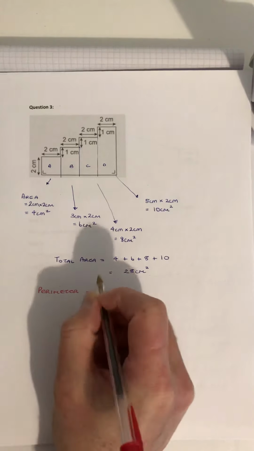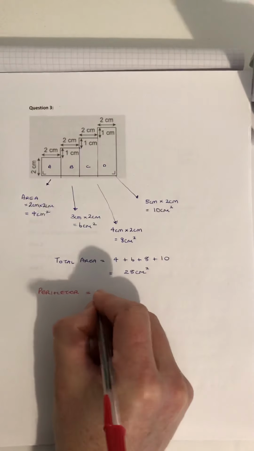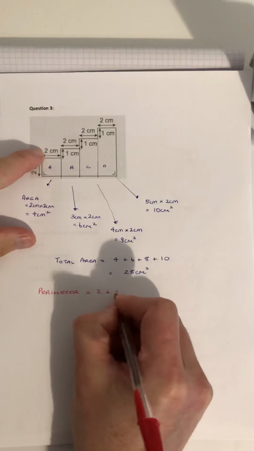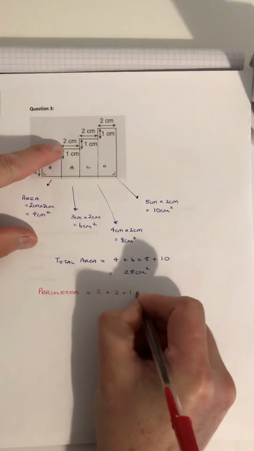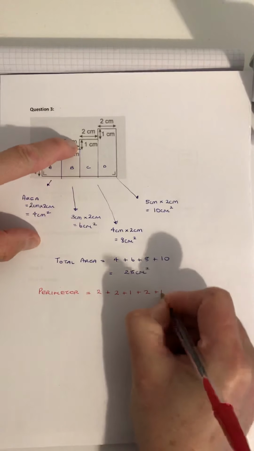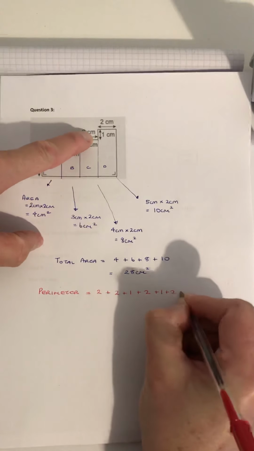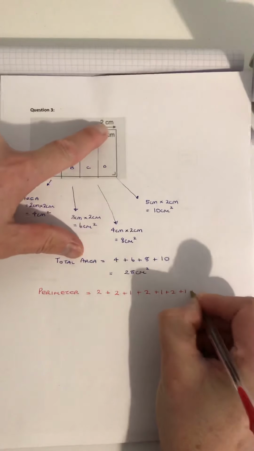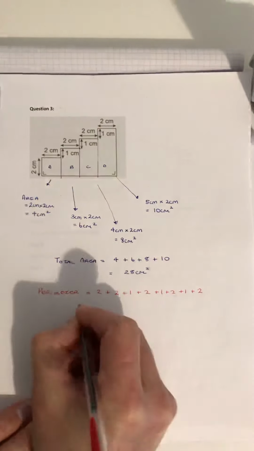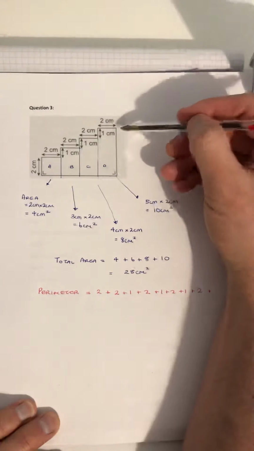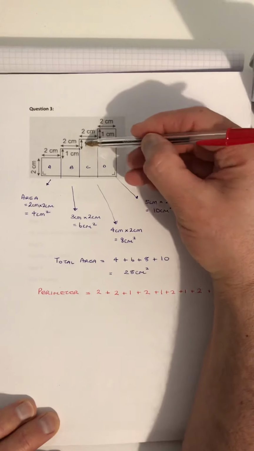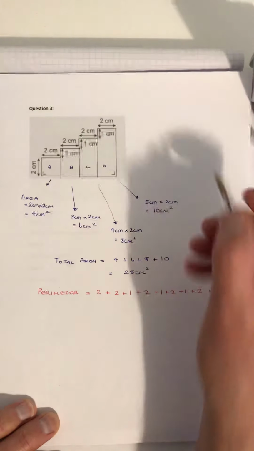Now we're also asked to find the perimeter here. So the perimeter is going to be 2 plus 2 plus 1 plus 2 plus 1 plus 2 plus 1 plus 2. Now, what's the total height here? 1 and 2, 3, 5 centimeters.